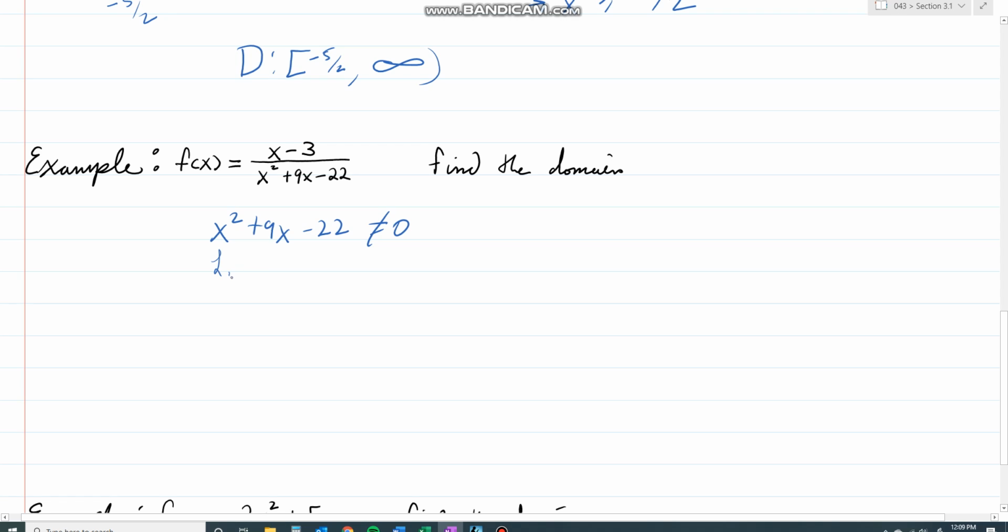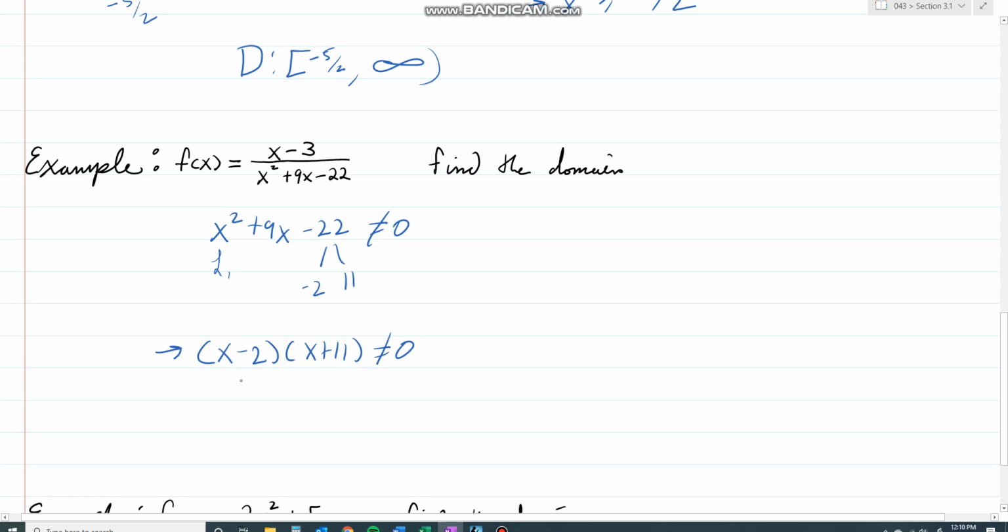This is certainly a leading coefficient of one problem, so I'd have to find the factors of negative 22 that add to 9. Seems like 2 and 11, some version of that might work. I'm going to say negative 2, 11 would probably work. So that looks like x minus 2, x plus 11 cannot equal 0.